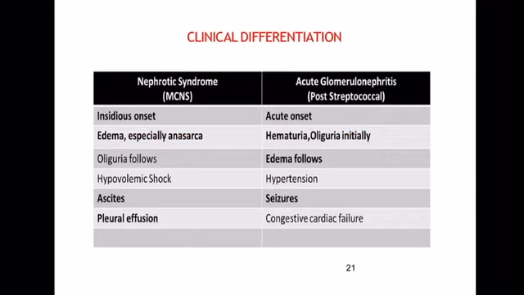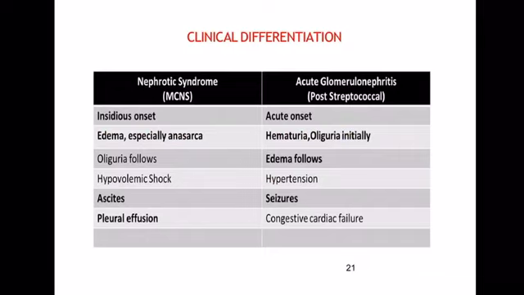Nephrotic syndrome has an insidious onset, acute glomerulonephritis has an acute onset, and it is a post-streptococcal infectious disease. In nephrotic syndrome, edema, especially anasarca, develops, while in acute glomerulonephritis, the first symptoms are hematuria and oliguria initially. In nephrotic syndrome, oliguria develops later, and in glomerulonephritis, edema develops later.